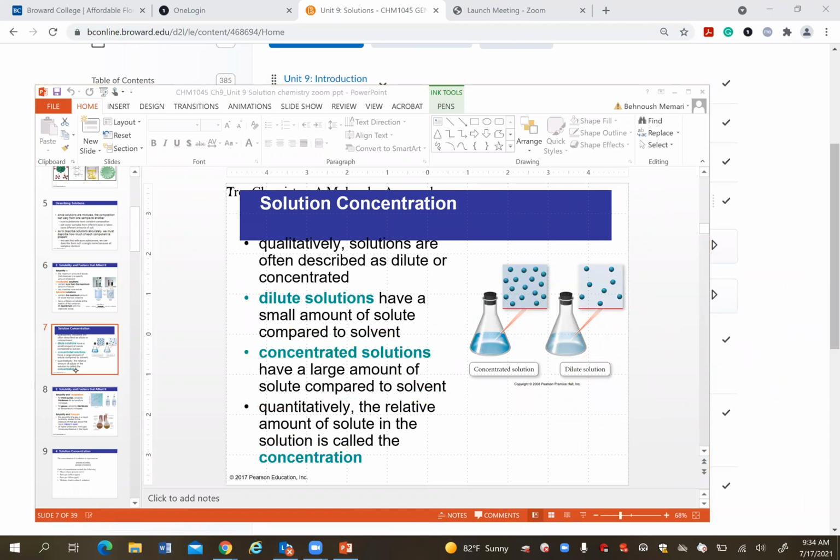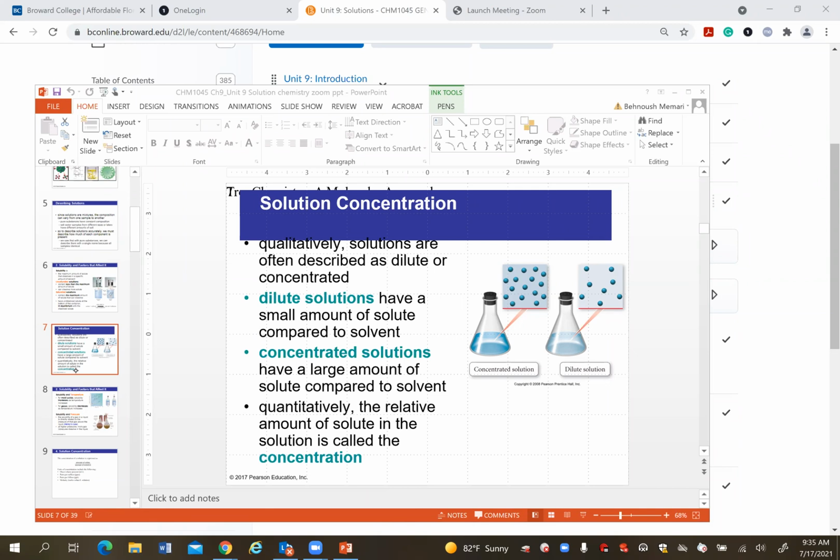We talked about dilute solutions having a small amount of the solute, and concentrated solutions having a large amount of the solute in a given solvent, but it doesn't give an exact number.